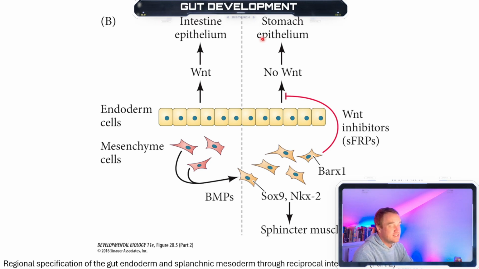As this digestive tube is proceeding through the body, or the embryo, like, it's not moving, but at different regions throughout the embryo, it will encounter different mesenchymes.